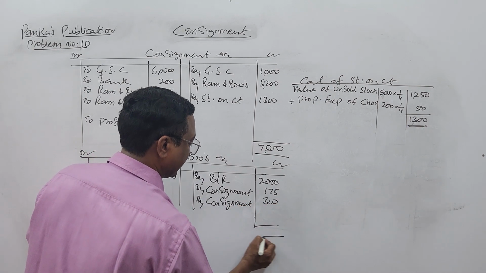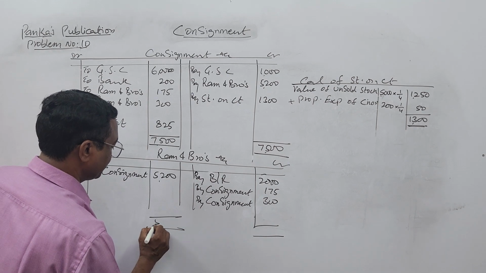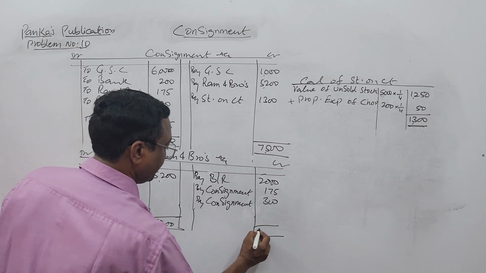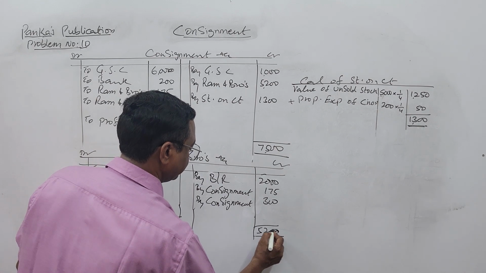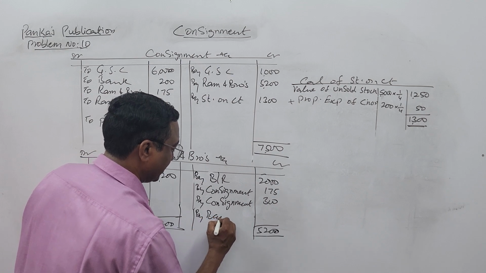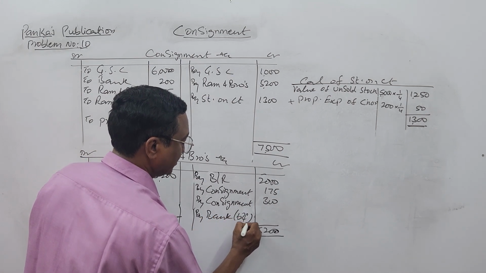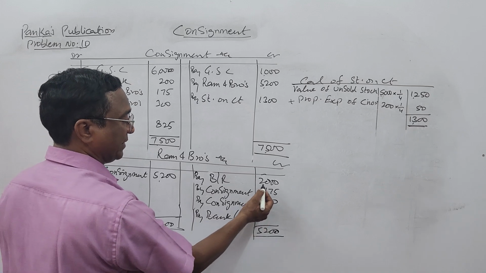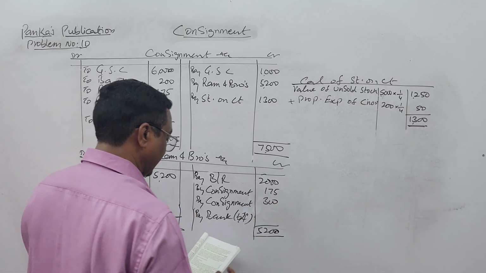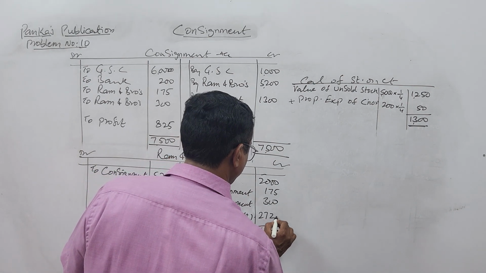So balance this account. This is 5,200. My debit is more than credit, so by bank account is the balancing figure. Calculate 5,200 minus 2,000 minus 175 minus 300. You will get 2,725.